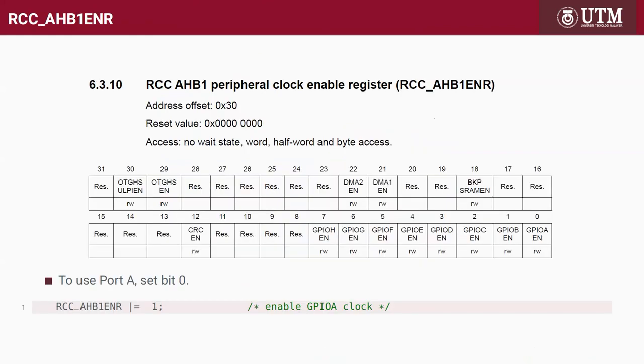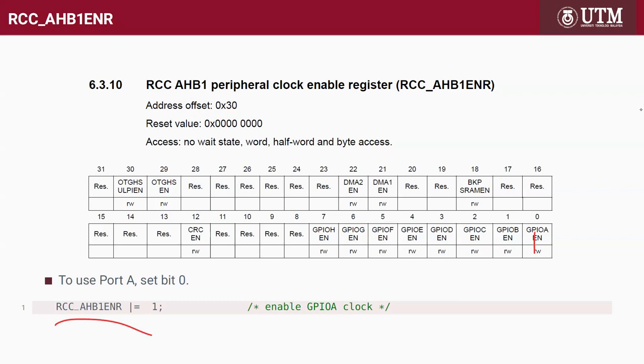All right, so let's say I want to enable the clock. So how do I do it? So this register enables the port. Okay, so if I want to use port A, I have to put 1 here. So to do that, I give this instruction: RCC_AHB1ENR OR 1.